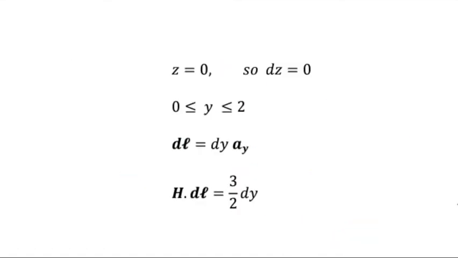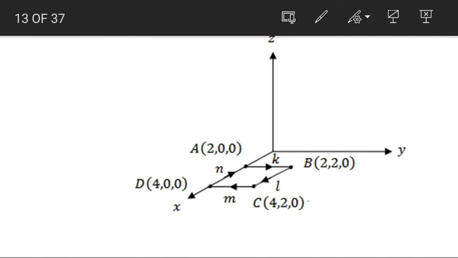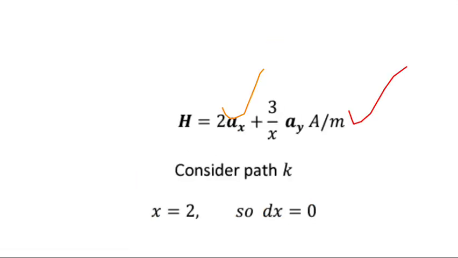Let us consider the straight path M. You see x along this particular path is 4, so dx will be equal to 0. z along this path is 0, so dz will be equal to 0. Only y is changing from 2 to 0.